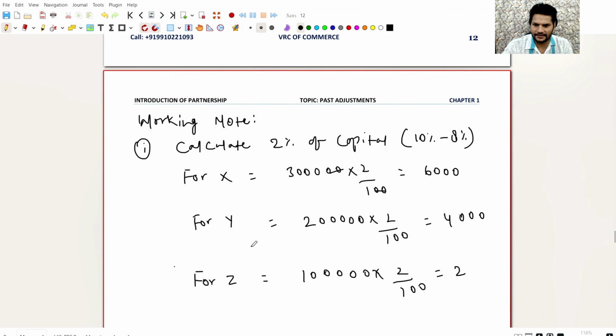And this will give you 2,000. So finally, we have calculated the 2% interest on capital that was overstated, that is, the values are 6,000, 4,000, and 2,000.